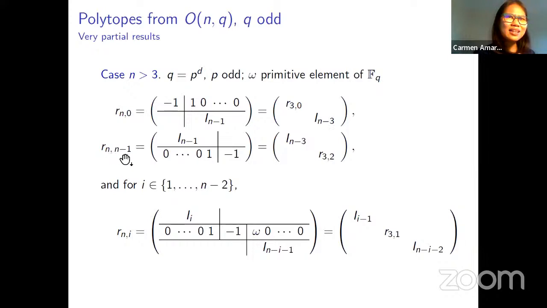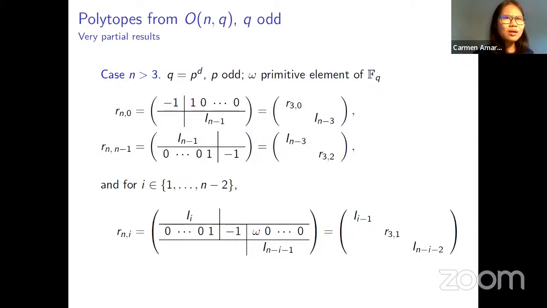And for R n, n-1, we put R32 in the lower right corner and then append an identity matrix and 0 everywhere else. And for i from 1 to n-2, this is our R subscript n comma i. What do we have? We have R31 in the middle, and then we just append identity matrices on the remaining parts of the diagonal.